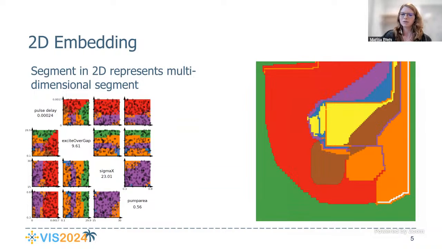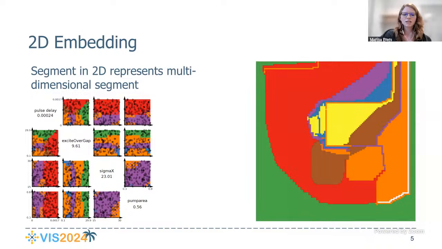For example, the yellow segment and the green segment don't share a joint boundary in our visualization. This means they also don't share a joint boundary in the high dimensional space. We can also see that the green segment takes up a significantly larger amount of space than the yellow segment does, which can be interpreted as a larger portion of the parameter space being covered by the green segment than by the yellow one.